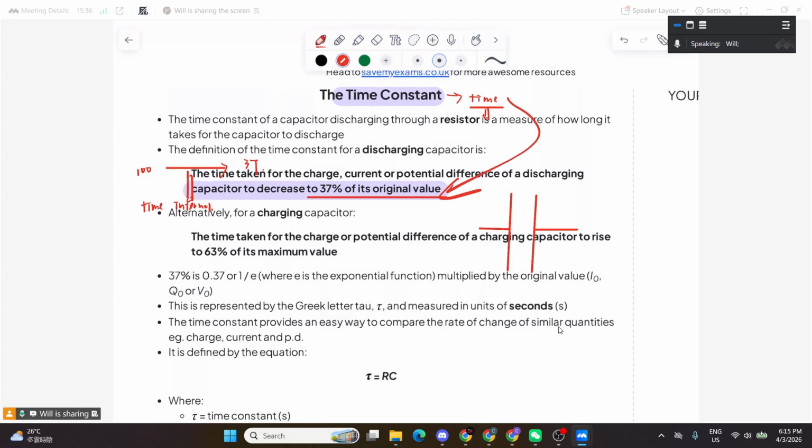Here's the definition of a time constant. For the discharging, the capacitor decreases to 37 percent of the original value.